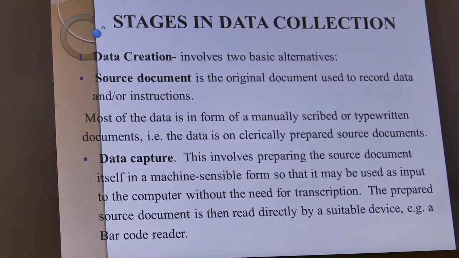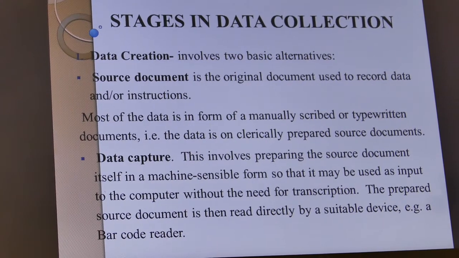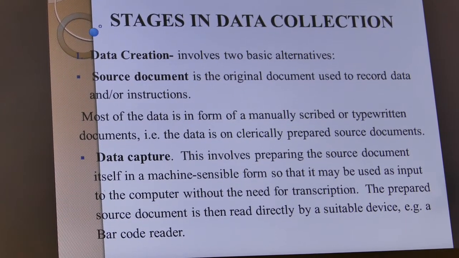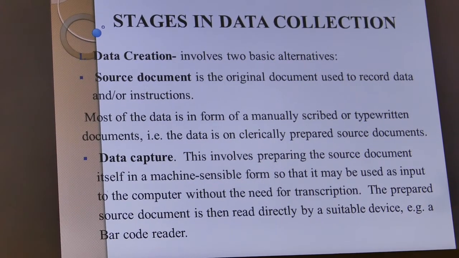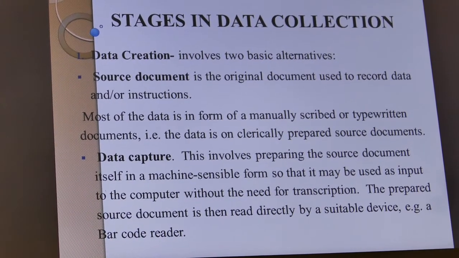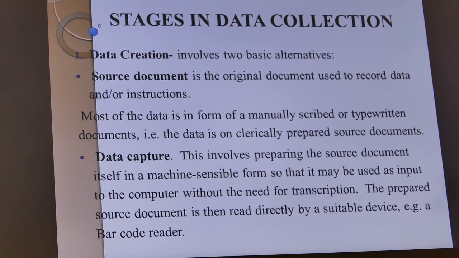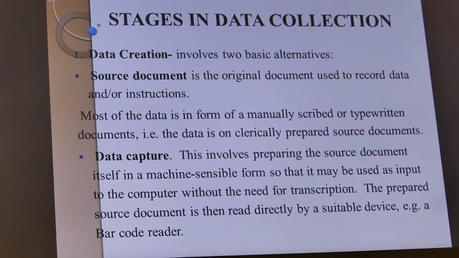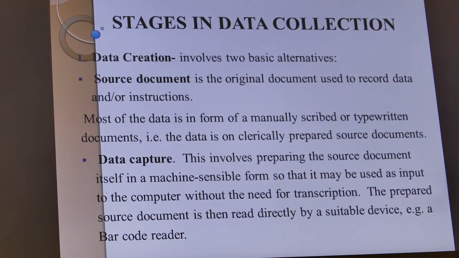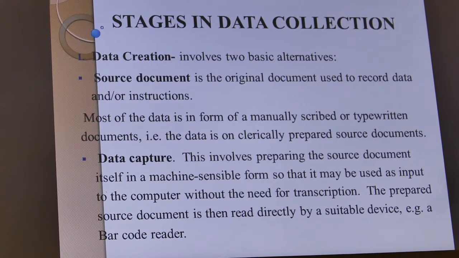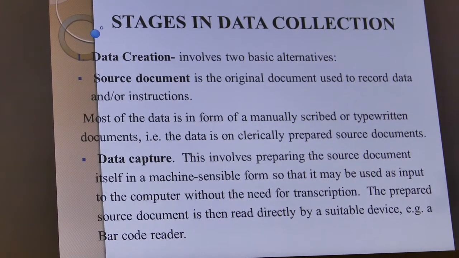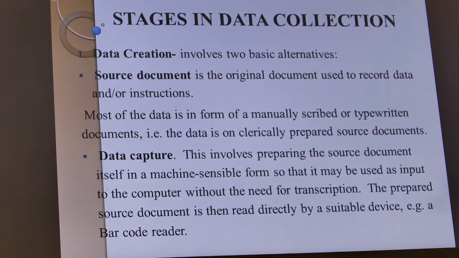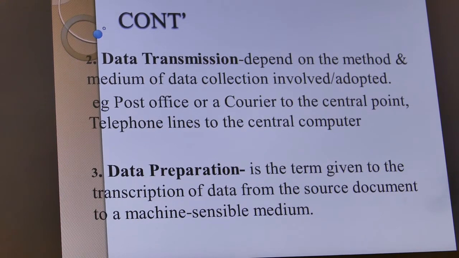So the data is on a clerically prepared source document. Then we have data capture, which is also under data creation. It involves preparing the source document itself in a machine sensible form, so that it may be used as input to the computer without the need of transcription.